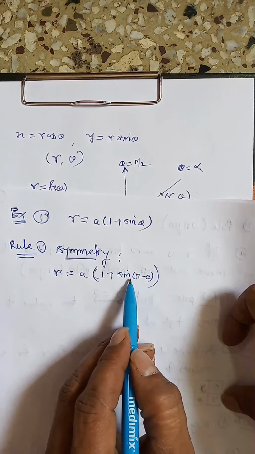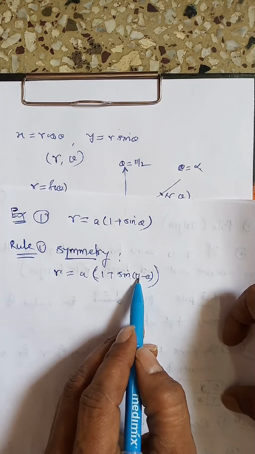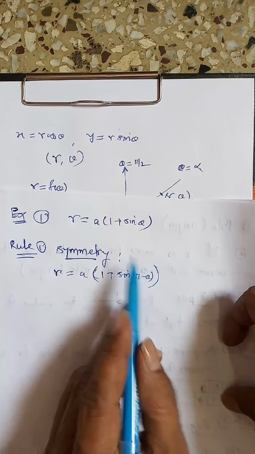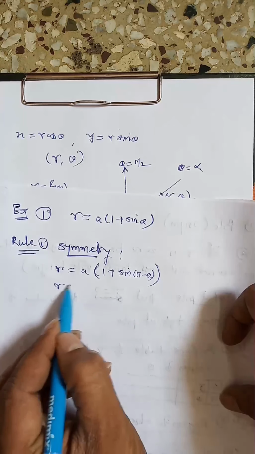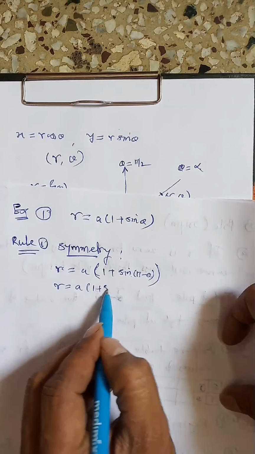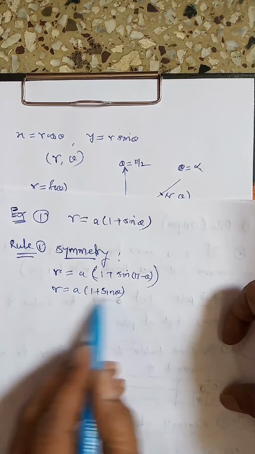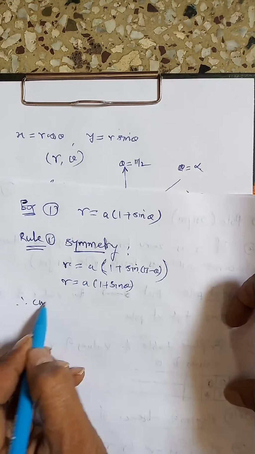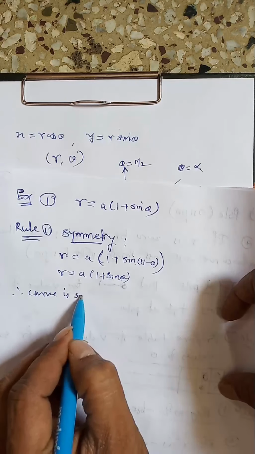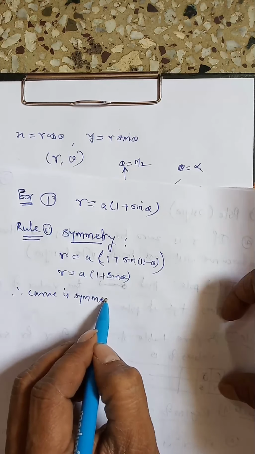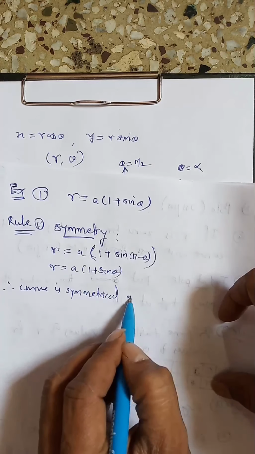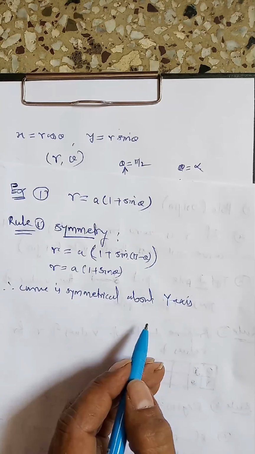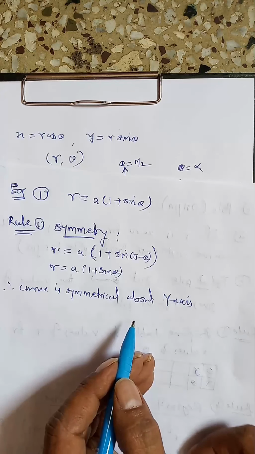Sine of pi minus theta is sine theta, because pi minus theta means the second quadrant where sine is positive. So you'll get r equals a into 1 plus sine theta. So the equation remains unchanged by changing theta to pi minus theta. Therefore, the curve is symmetrical about the y-axis. Okay?